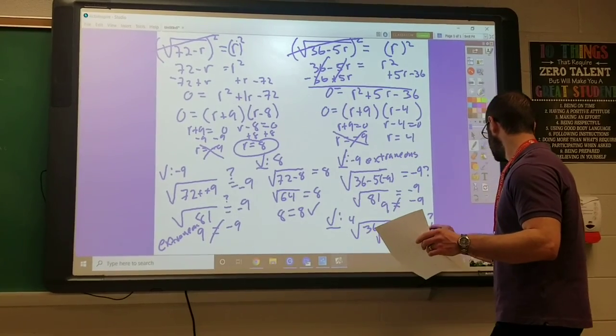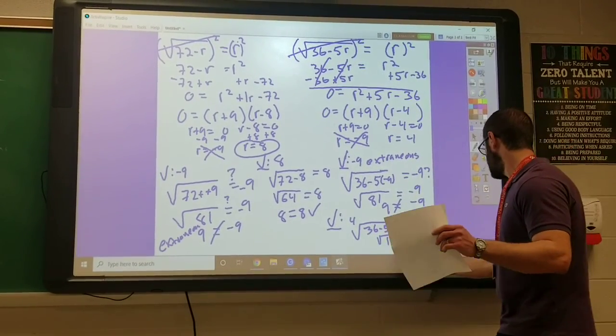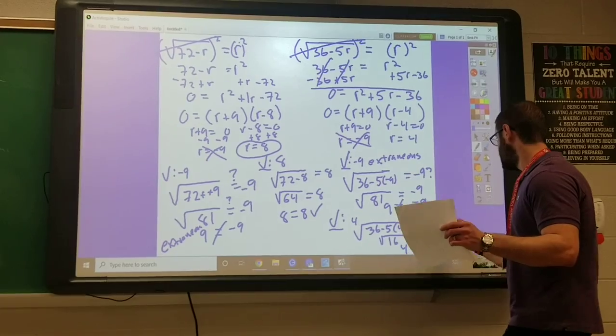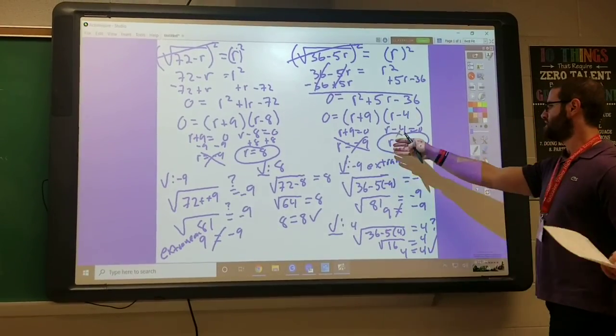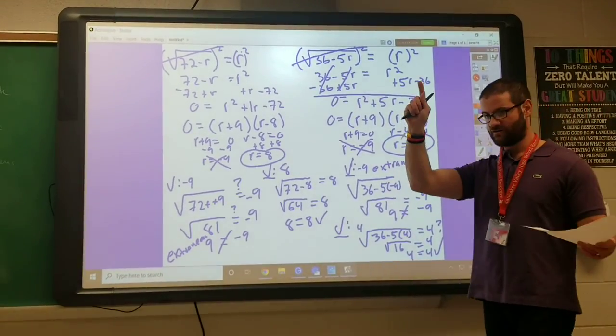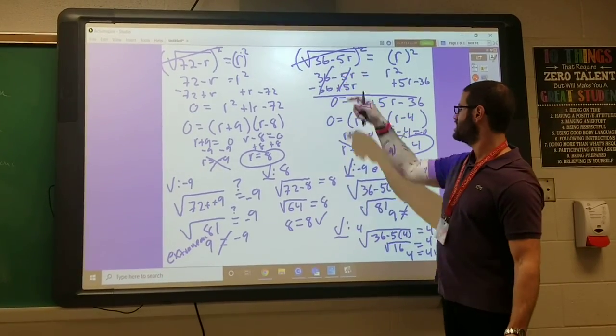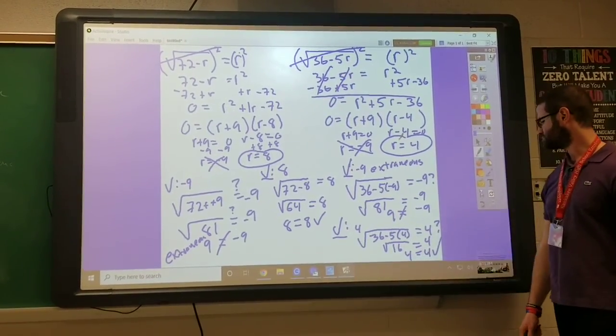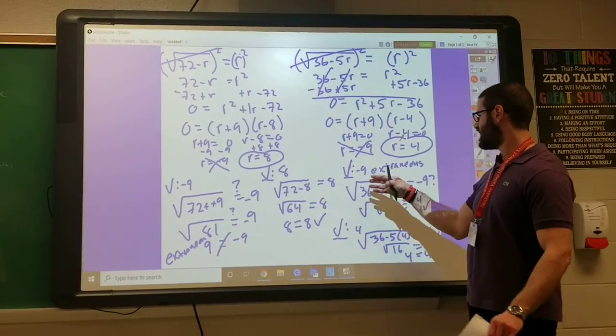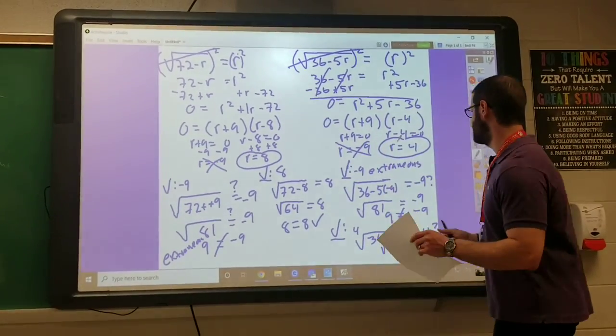So is the square root of 16 equal to 4? Yes, it is, right? 4 equals 4. So 4 is the only valid solution to the problem, because it's the only solution that works in the original equation. So negative 9 you would not have as part of your answer.